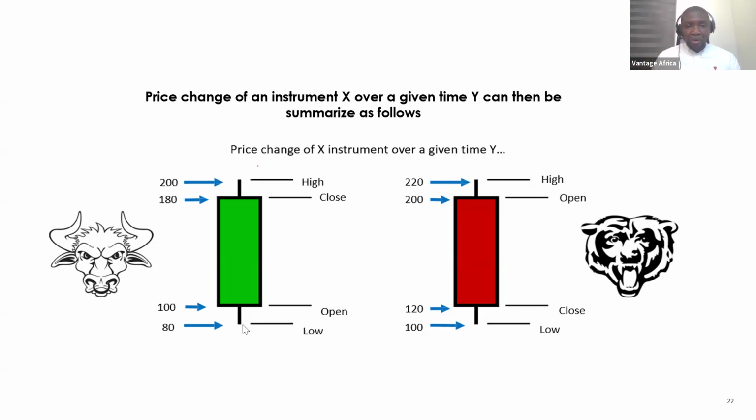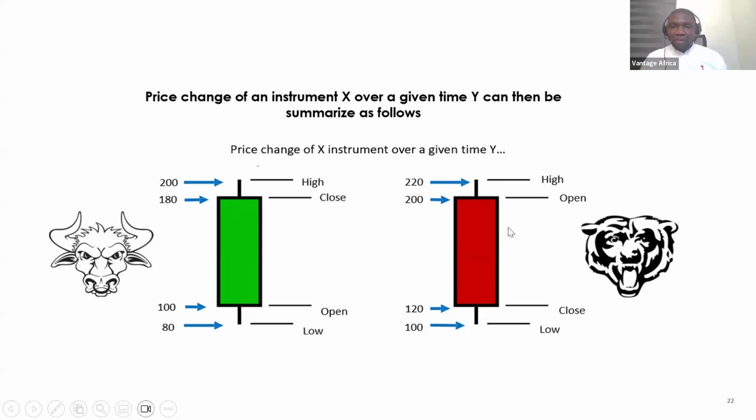It pushed up and up and up, rose to a high of 200, then eventually dropped and closed at 180. And once it closed, another candlestick opened immediately, within nanoseconds. Now let's look at the bearish one.